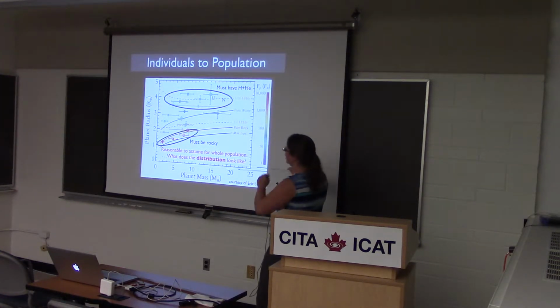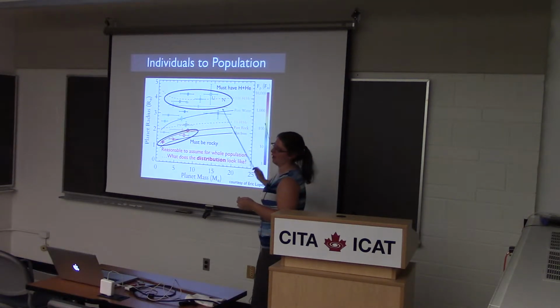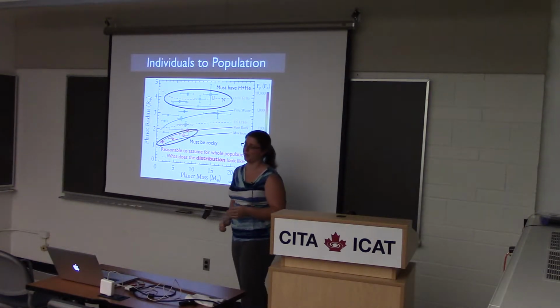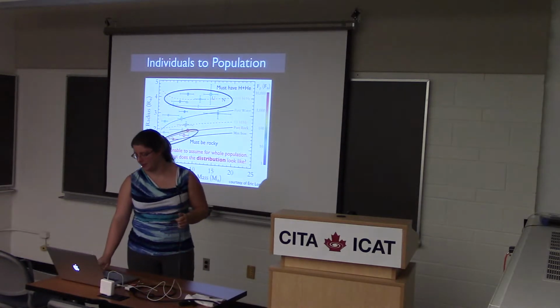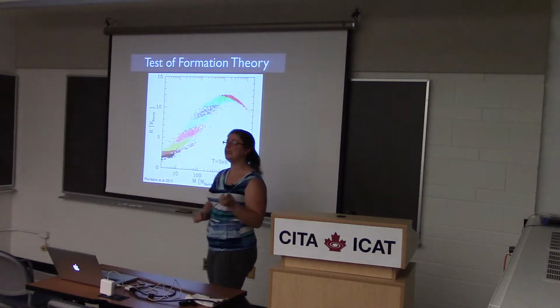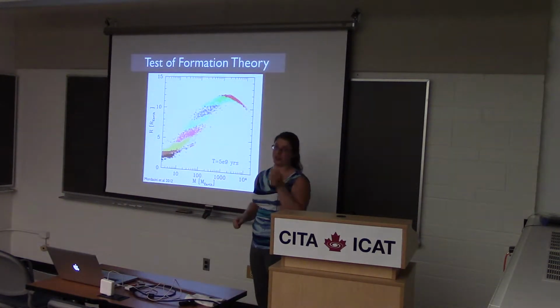So given this, we asked the question, what does the distribution of compositions look like? What is this distribution of envelope fractions? Why do we care about this distribution? Well, it's a really good test of planet formation theory.